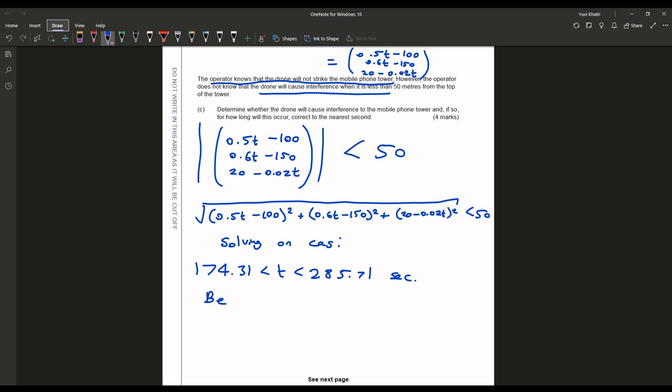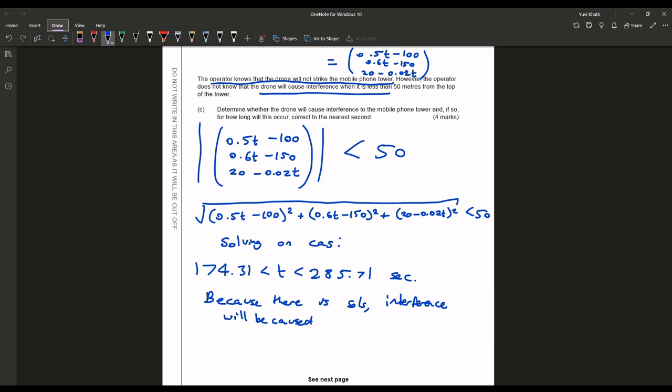So because there are solutions, interference will be caused. And this just means that the drone is less than 50 meters from the tower between these two times. So 174.31 seconds and 285.71 seconds.